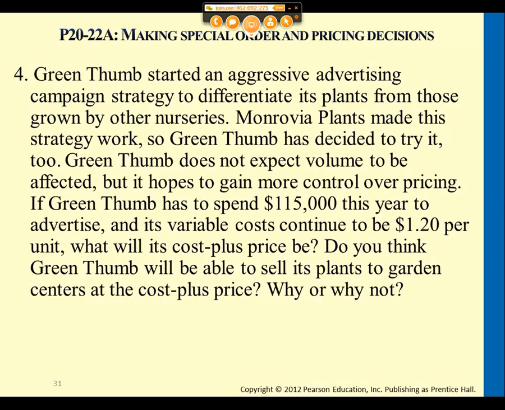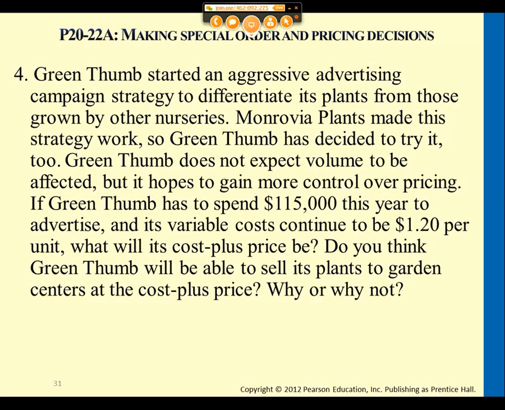They do not expect any volume to be affected, but they hope that they will have more control over pricing and they might be able to become price setters. So if they have to spend on advertising $115,000 and its variable cost continues to be at the same level, what will its cost plus price be?